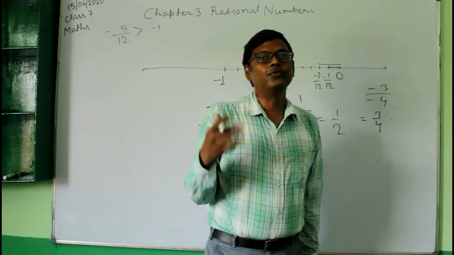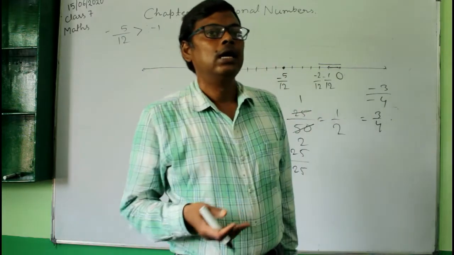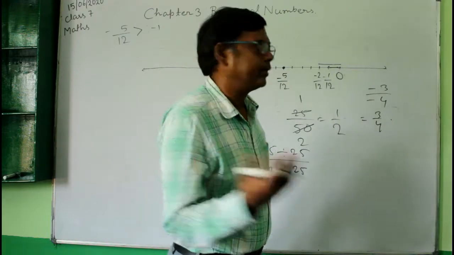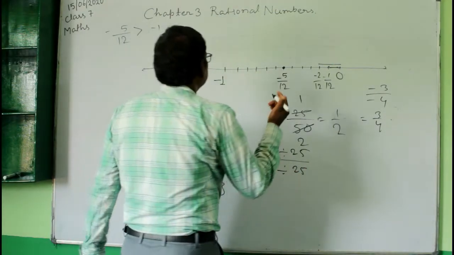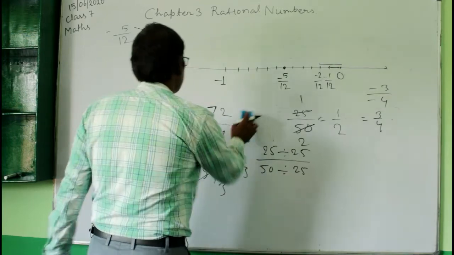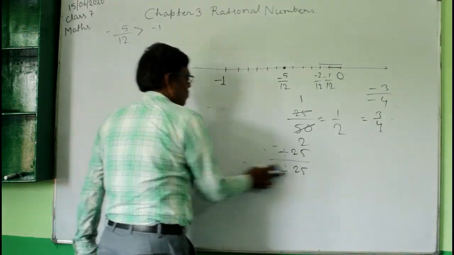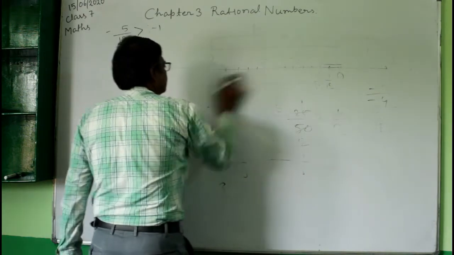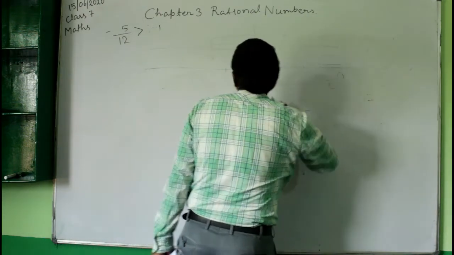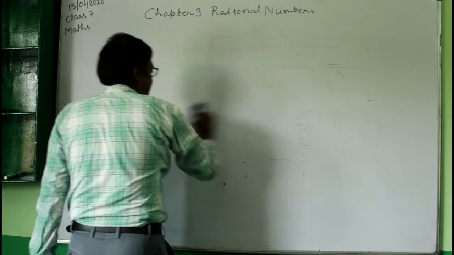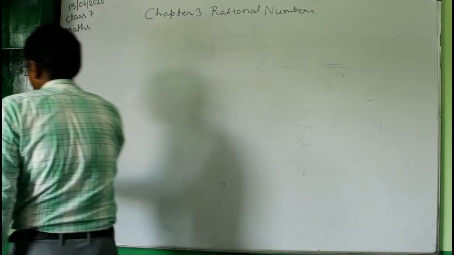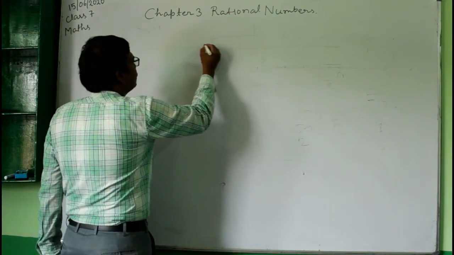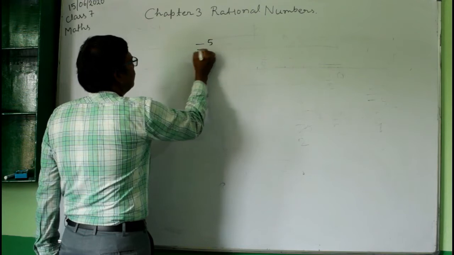If you remove the plus or minus sign, that will be the absolute value of a rational number. So for example, minus 5 by 6.